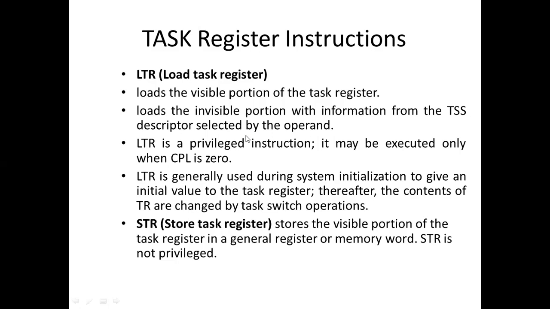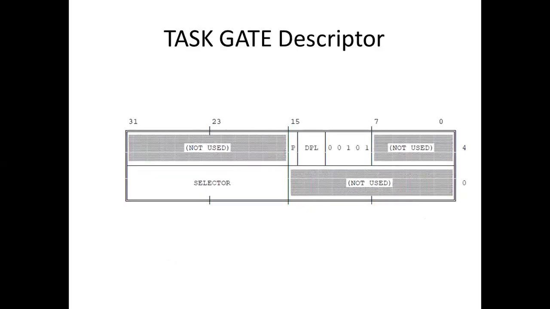LTR loads the invisible portion with the information from the TSS descriptor selected by the operand. LTR loads the visible portion of the task register, and STR, the store task register, stores the visible portion of the task register in a general purpose register or a memory word. STR is not privileged, whereas LTR is privileged.